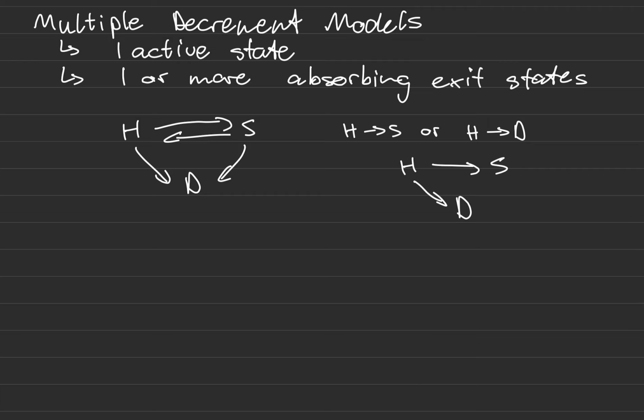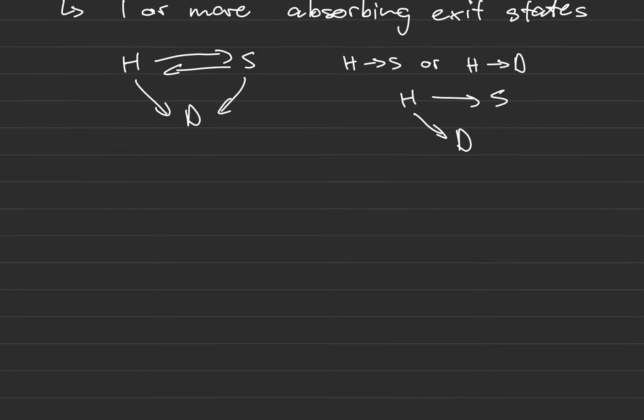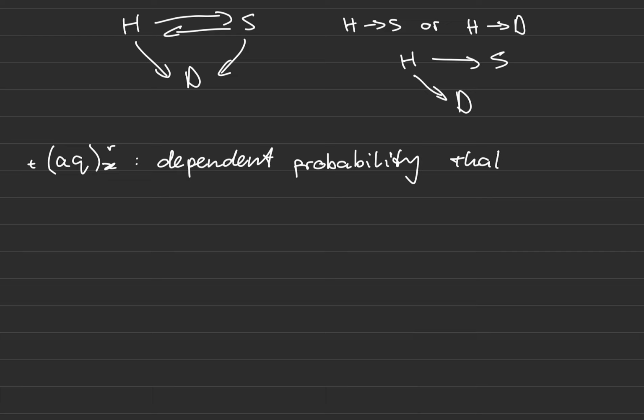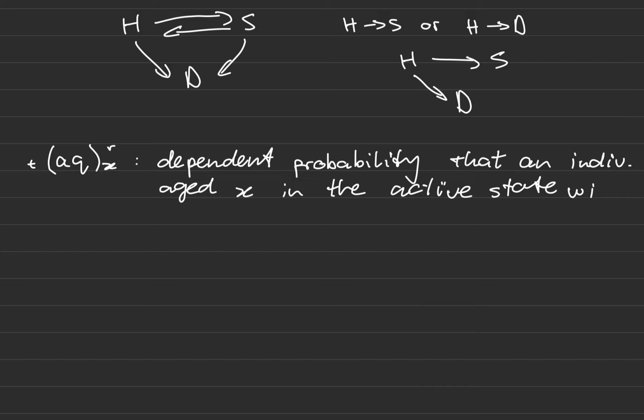Now multiple decrement probabilities. So what do we mean by these? Well, t q^(r) at age x, this is the dependent probability that an individual aged x in the active state will be removed.